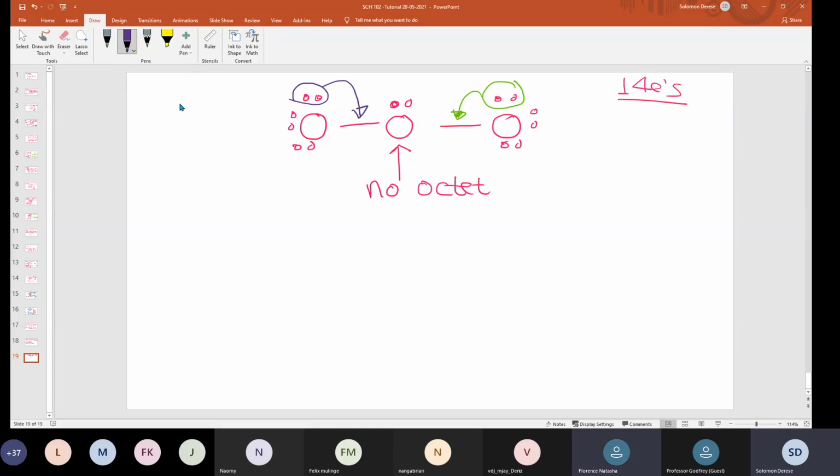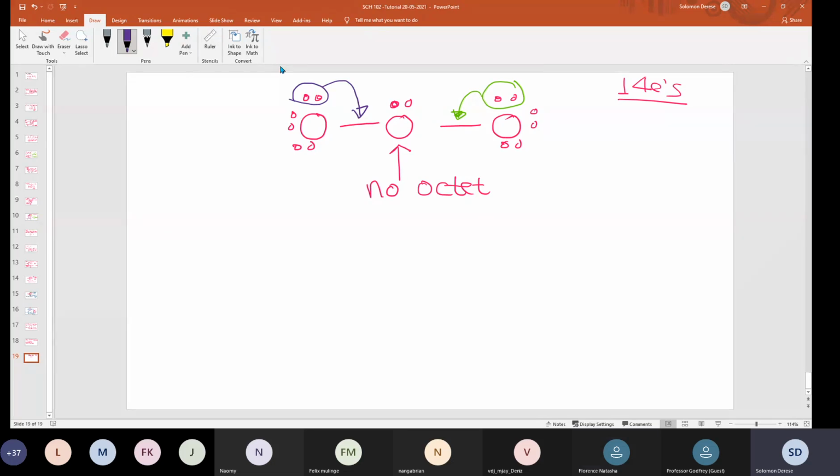The good thing about this, compared to the previous one we have seen, is that these 2 are oxygen atoms, and both of them have got 3 lone pairs of electrons. There is no difference between the 2 oxygens. So it is possible to equally use the electron on the left or the electron on the right to fulfill the octet of the oxygen in the middle. So let us first do it from the left.